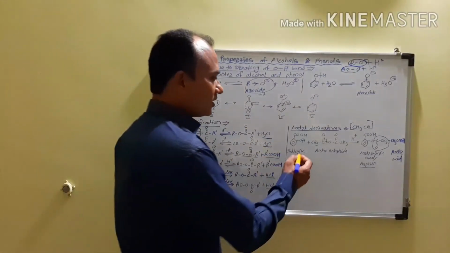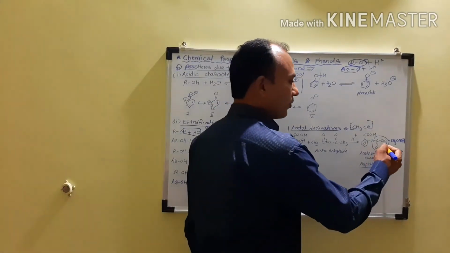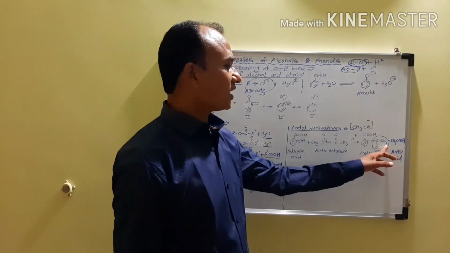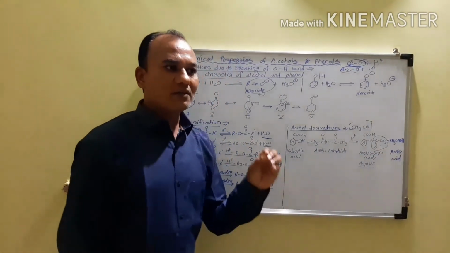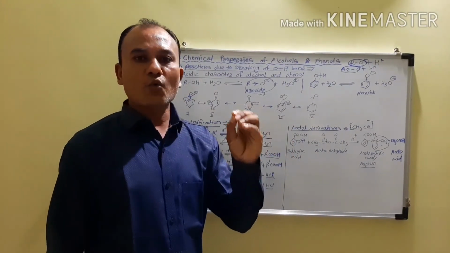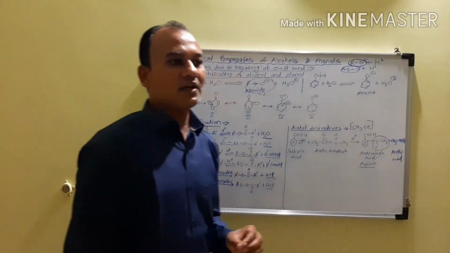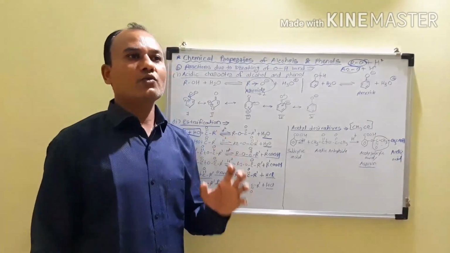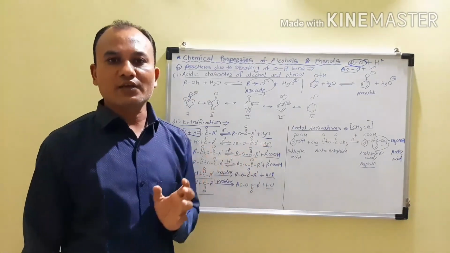For example, in this example there is only one OH group, and on the product side we obtain a product which contains only one acetyl group. By observing this product, we can say that the given phenol has only one OH group, because on the product side there is only one acetyl group. So by counting the number of acetyl groups, we can find out how many OH groups are present in the given phenol or alcohol.